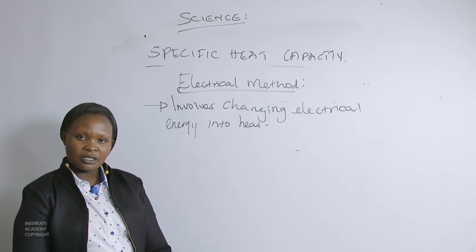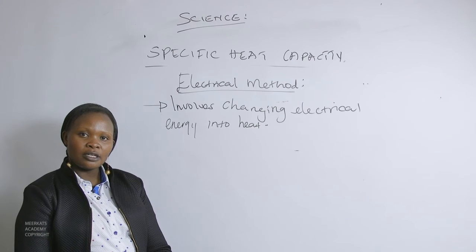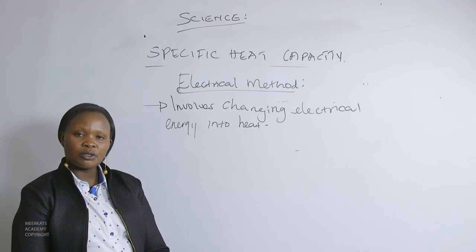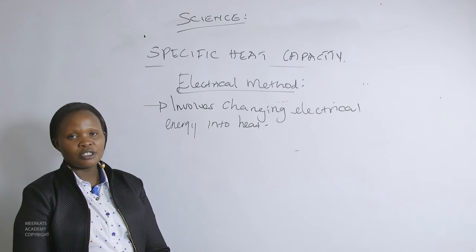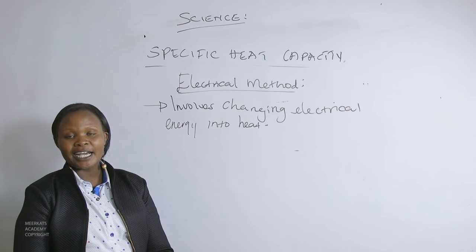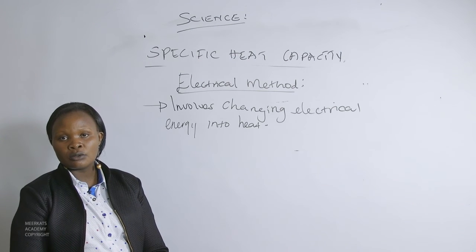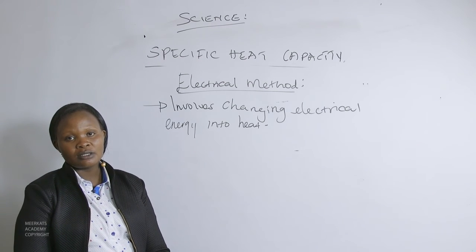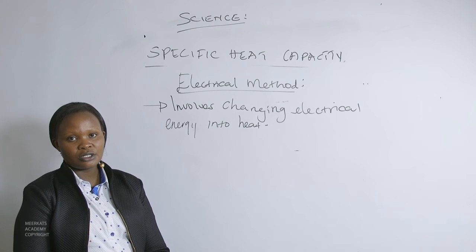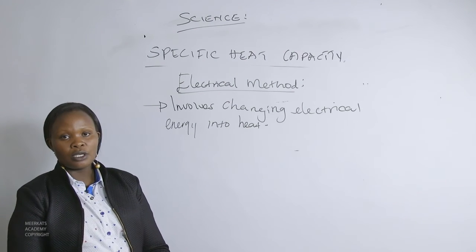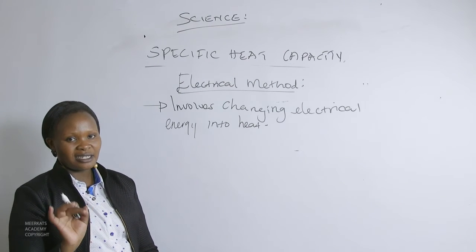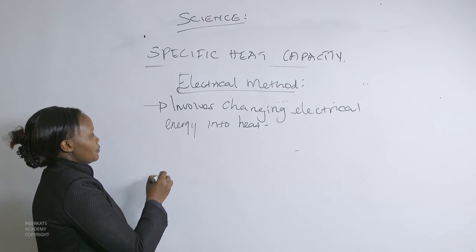from electricity. So, if we want, for example, to change the temperature of water, we connect a heater coil to our water so that we can realize the desired change in temperature. So here, of great importance are three factors.